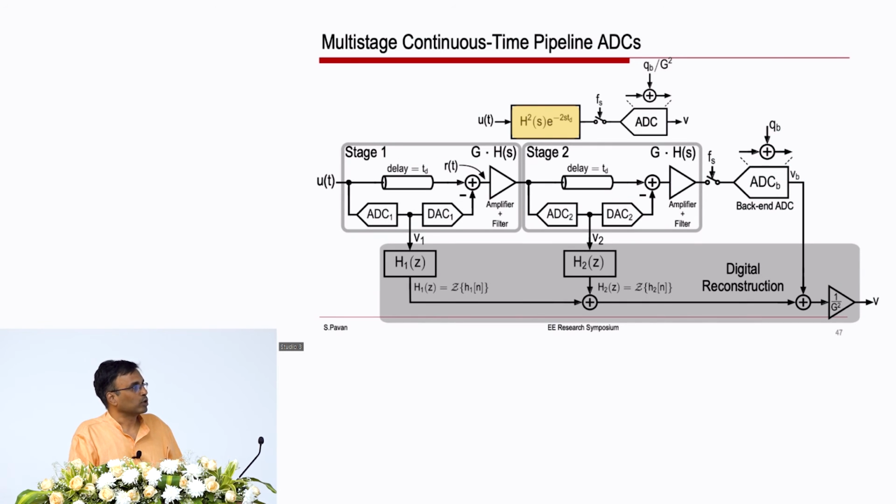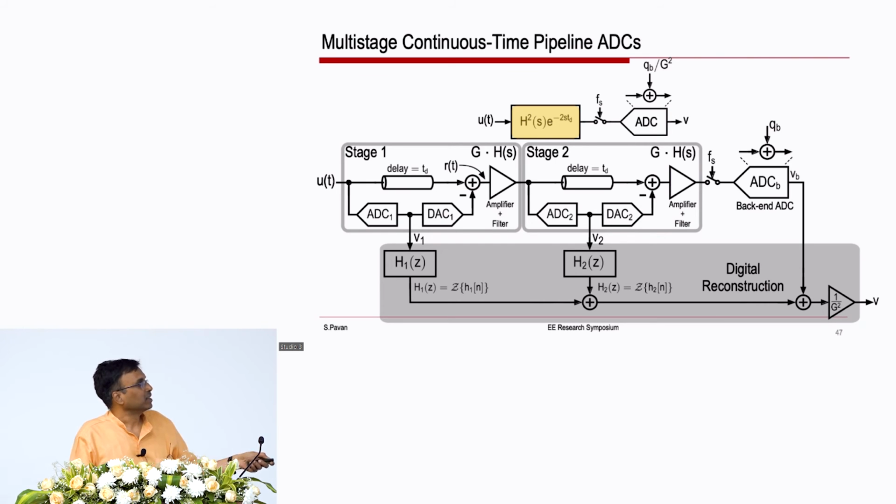So, to cut a long story short, the signal processing equivalent of this animal is basically the equivalent of cascading 2 biquads and sampling the output and corrupting that sample with quantization noise, which is the quantization noise of the back-end ADC divided by the square of the gains that you have, because you have 2 stages.